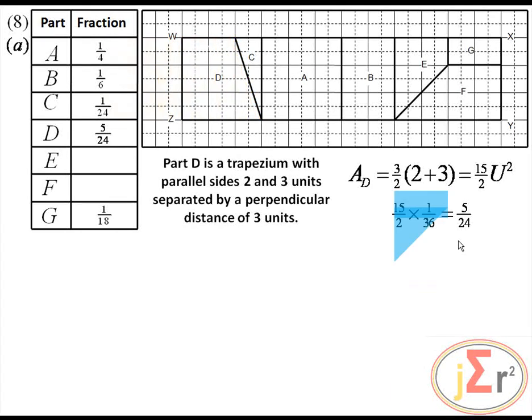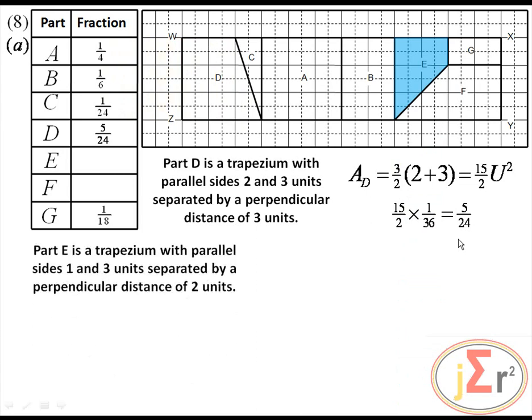Any other trapezium? Well, we only have trapezia left. So part E is a trapezium with parallel sides 1 and 3 units separated by a perpendicular distance of 2 units.